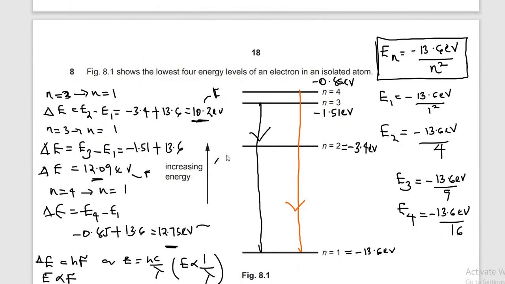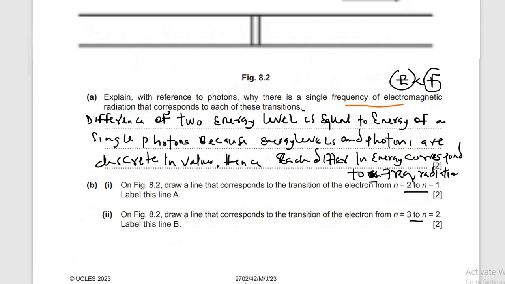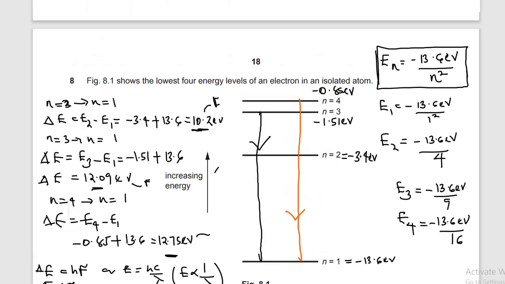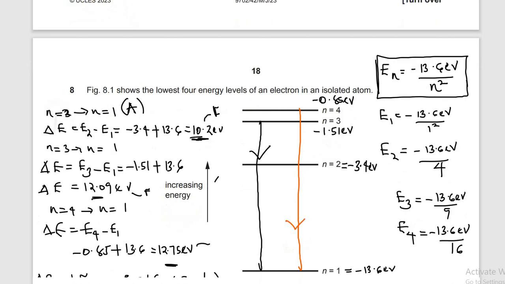Draw a line that corresponds to the transition of 2 to 1 and 3 to 2. Okay, 2 to 1 is A. I think I've done 2 to 1, this is 2 to 1, A. It gave us 10.2 eV.